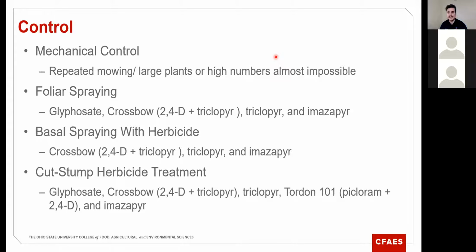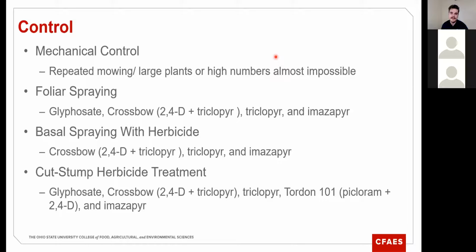If you do want to kill it immediately, within the year, then we recommend using a herbicide treatment. You can do all kinds of things with these larger shrubs and trees, including spraying the foliage with glyphosate or triclopyr.